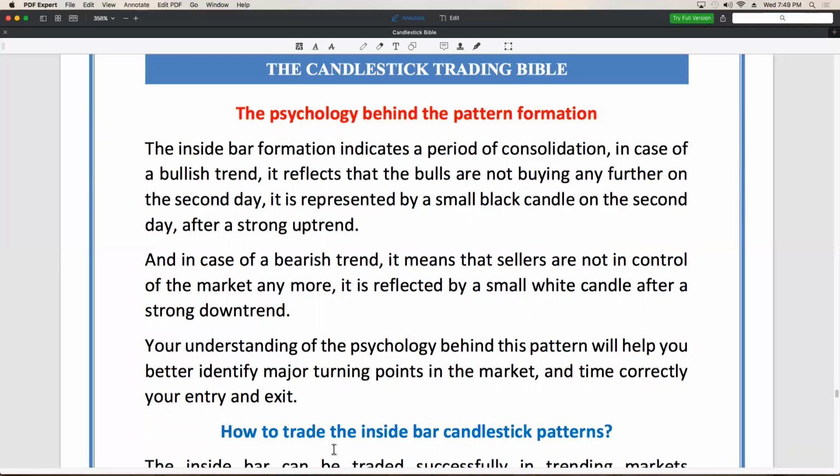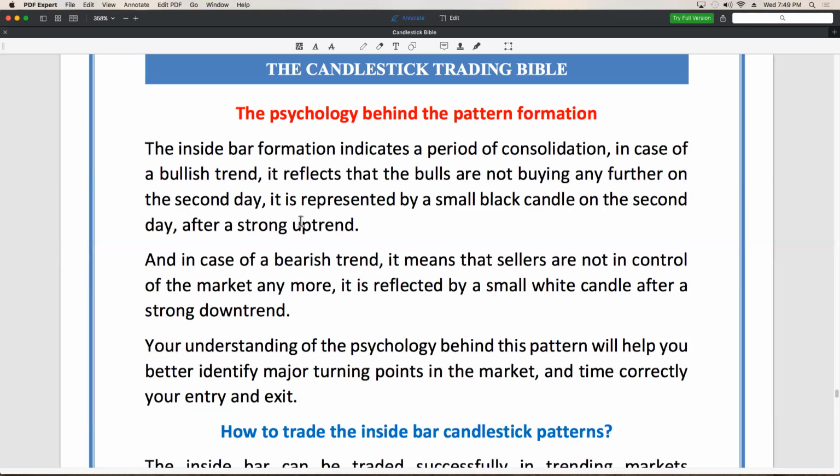Now, they're talking about day candles, long term. And in case of a bearish trend going down, it means that sellers are not in control of the market anymore. It is reflected by a small white candle, meaning like a little doji, after a strong downtrend. So do you guys get what that is saying?